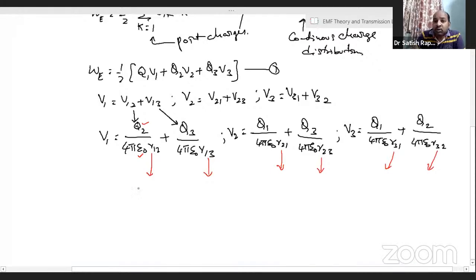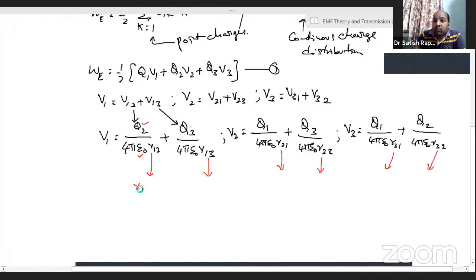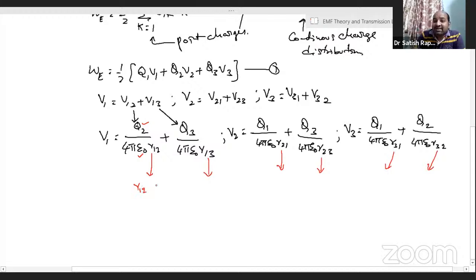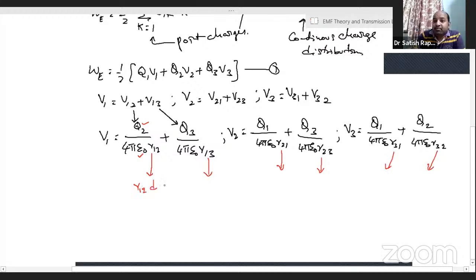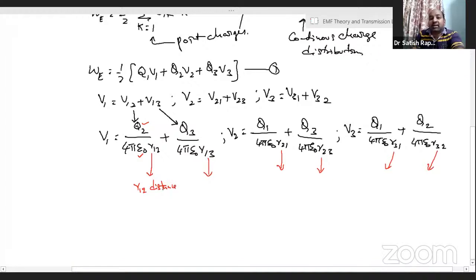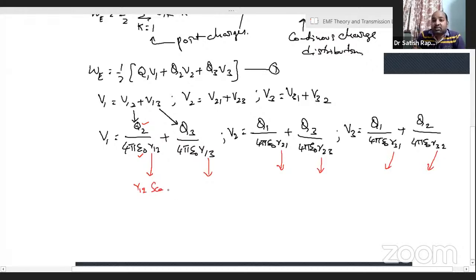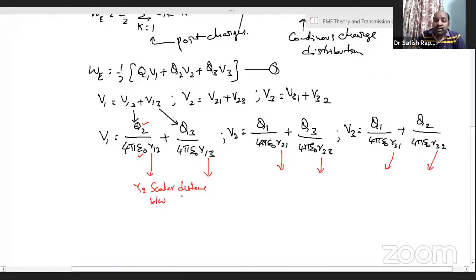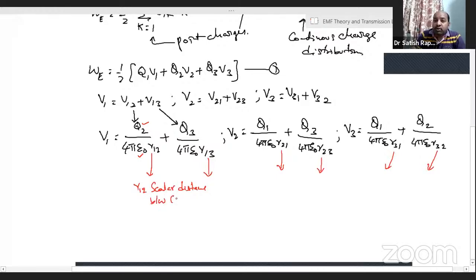So what is r12? R12 is, more specifically, the scalar distance between point 1 and point 2. So what is point 1?